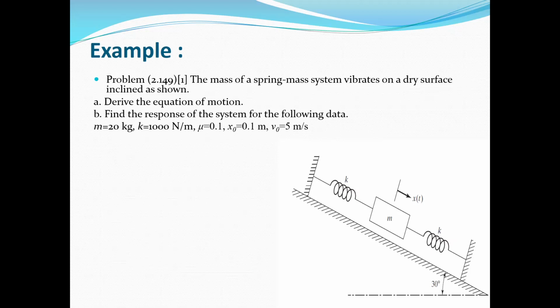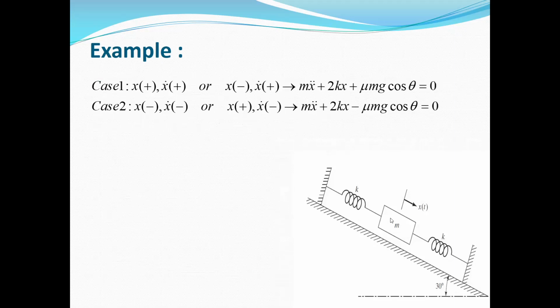The equation of motion depends on the direction of motion, the direction of the velocity x dot. So we can extract the equation of motion for two different cases. The case one, when this mass m is going down, for this case x dot is positive.